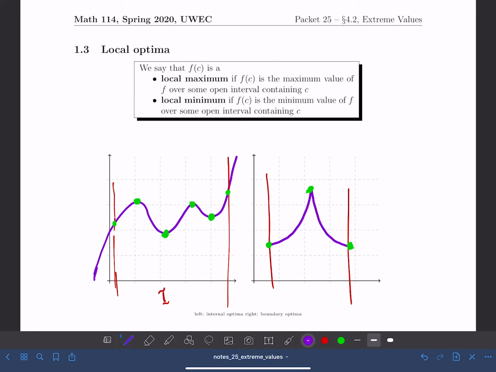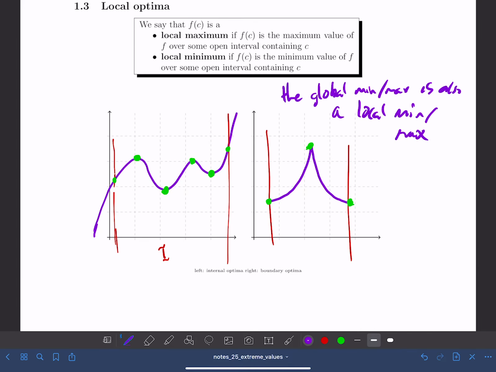One thing that I also want you to note is that the global min or max is also a local minimum or maximum. In this section, we are not focusing on how to determine all of these things.